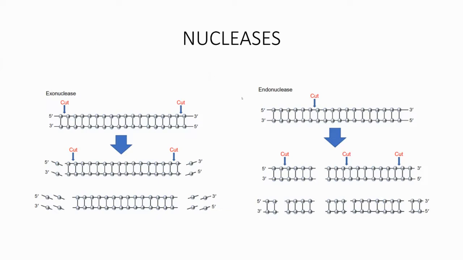The exonuclease will degrade the DNA from the end of the DNA molecule and progressively move into the center of the DNA molecule. The endonuclease will degrade the DNA from the internal phosphodiester bond. And this endonuclease could be sequence specific, which we will discuss further.